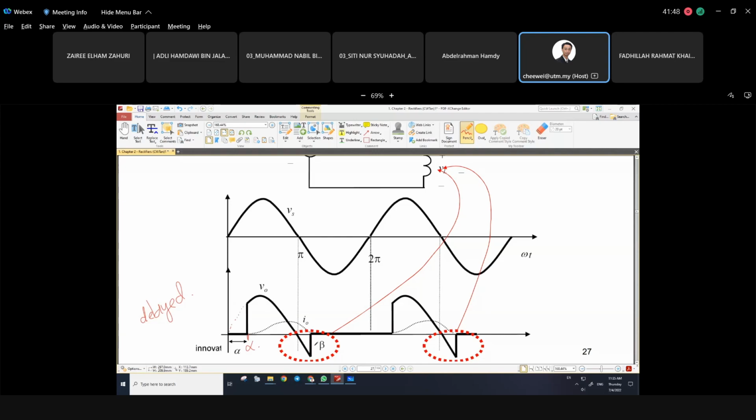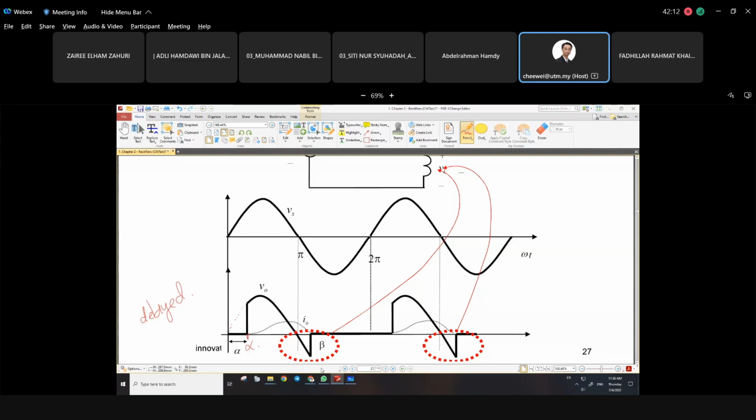until it stops at beta. Why does it stop at beta? Because the current already falls to 0. When current falls to 0, at beta, everything stops. So if we start from alpha, you also expect that the current is also starting from alpha. So the shape of the current is shown here, the dotted line from alpha until beta.